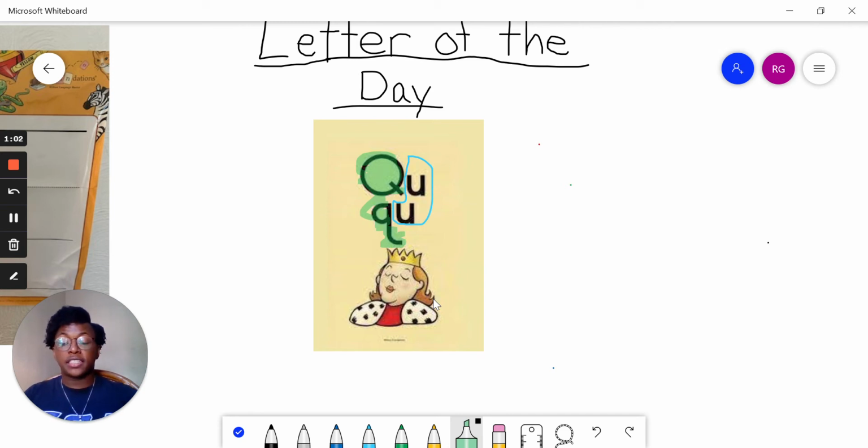In the English language, every word that we use has a U come after the Q. If it does not have a U after the Q, it's a word that does not come from English. So when we are spelling words in English, whenever we use Q in green, we must always remember that there will be a U after it when we're writing words.